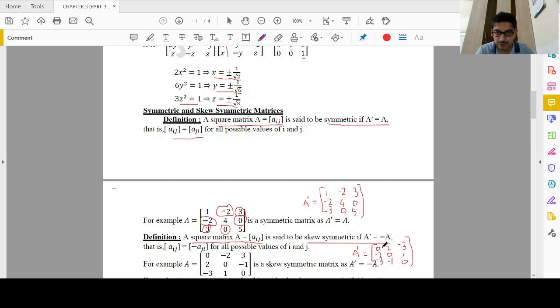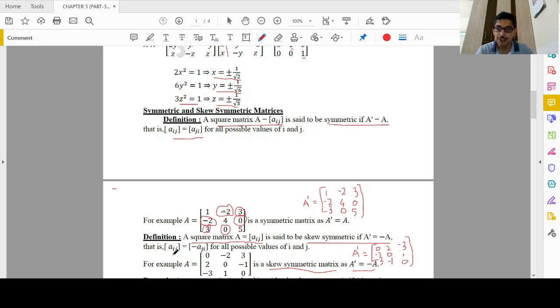Now if you compare it with A dash is negative of A, so if you multiply all the elements of A with minus 1, you will be getting A dash. So A dash is equal to minus A. Because of this, we can say that A is a skew symmetric matrix, that is Aij equal to minus Aji for all possible values of i and j.